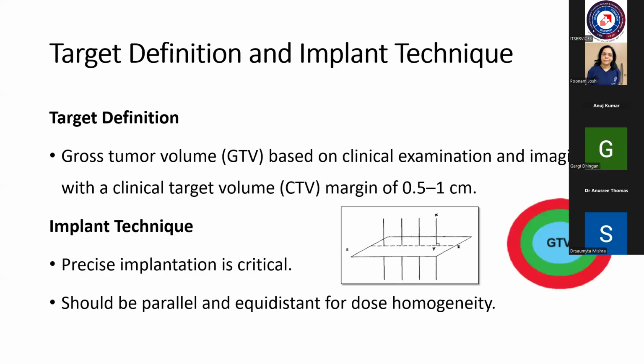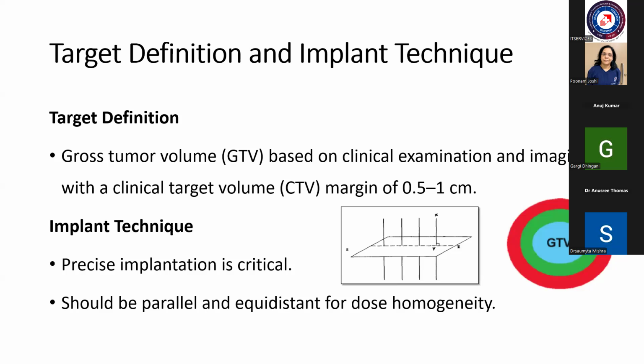Now, target definition and the type of implant. As I have already displayed in this picture, we have certain concepts called the gross tumor volume, the clinical tumor volume, which is shown in green, and the planning target volume. That is usually standard for external beam radiation therapy, but it is slightly different for brachytherapy.